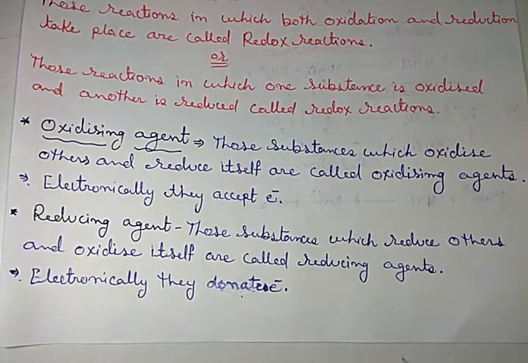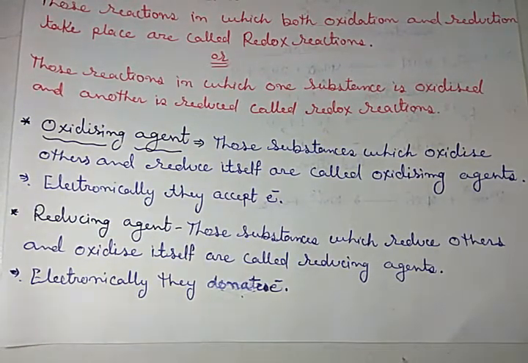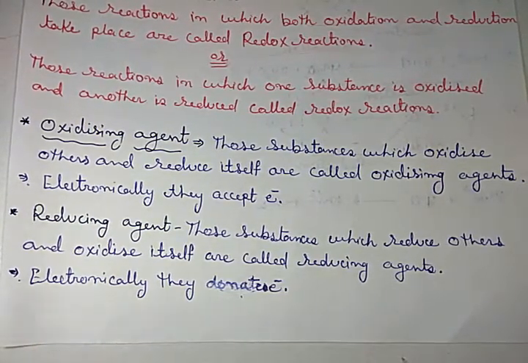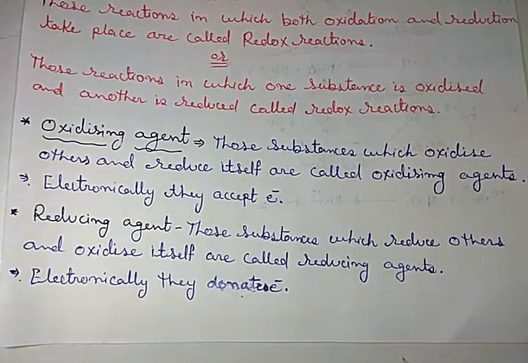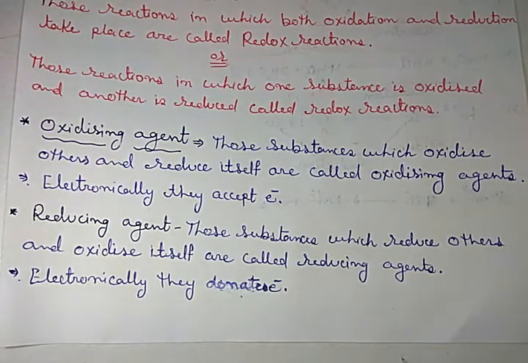Okay, now the next thing is oxidizing and reducing agents. Consider normal agents like a passport agent or driving license agent. These agents do that work; for example, a passport agent makes a passport for us, and similarly a driving license agent helps in making the driving license for us.